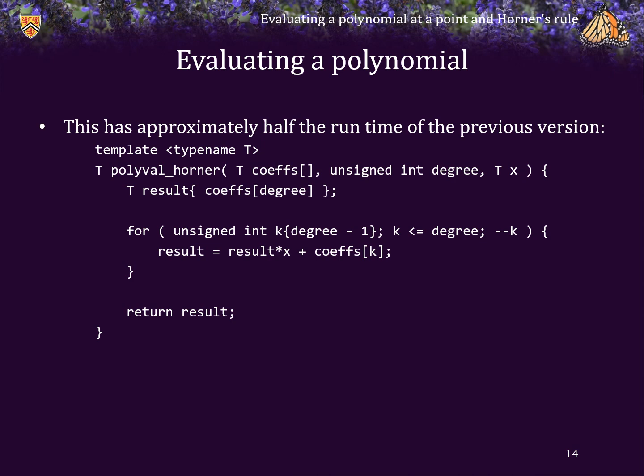What we're going to start off with is not the smallest or the constant coefficient, but the coefficient of the highest term in the polynomial. In our representation, that is at index degree. Now, this is going to confuse some of you.